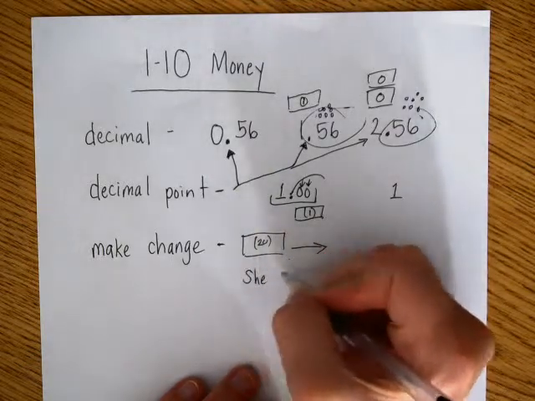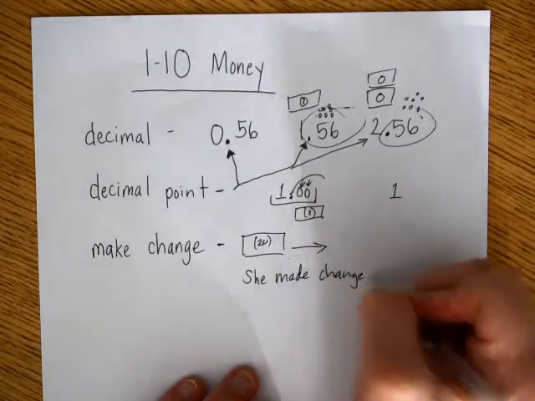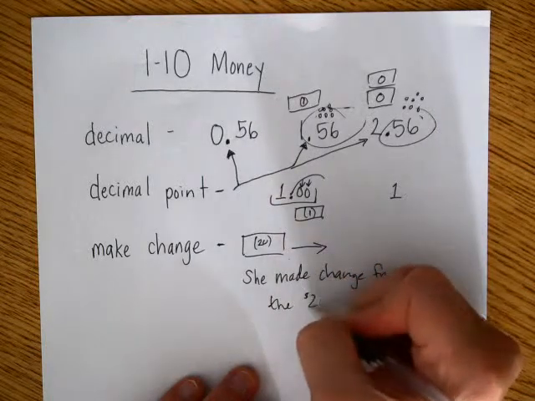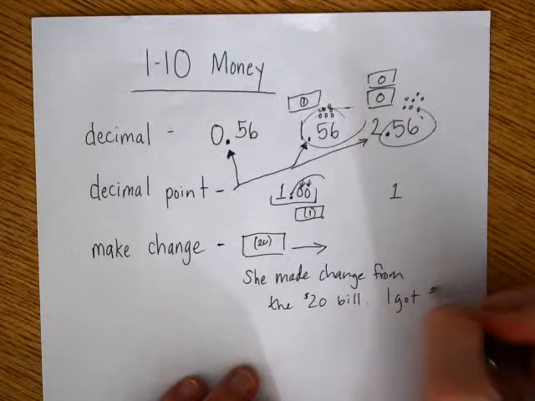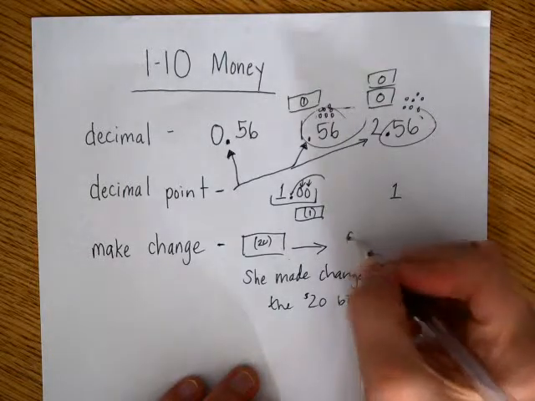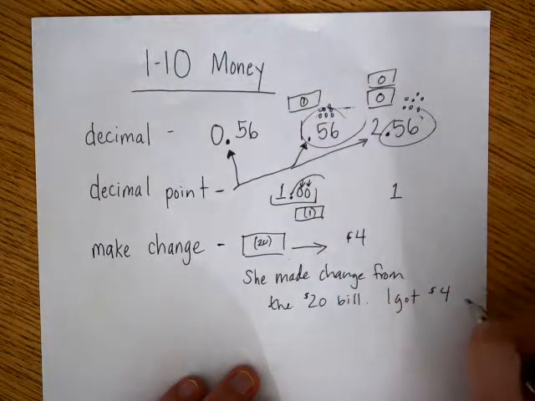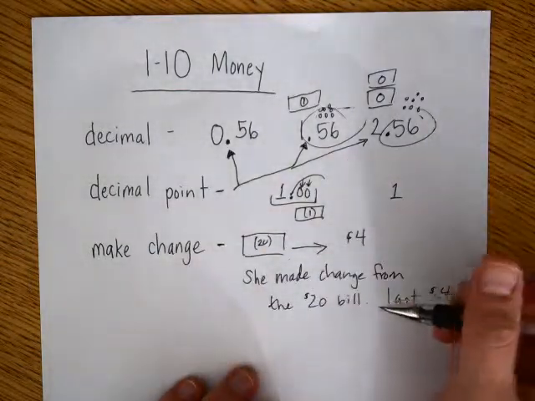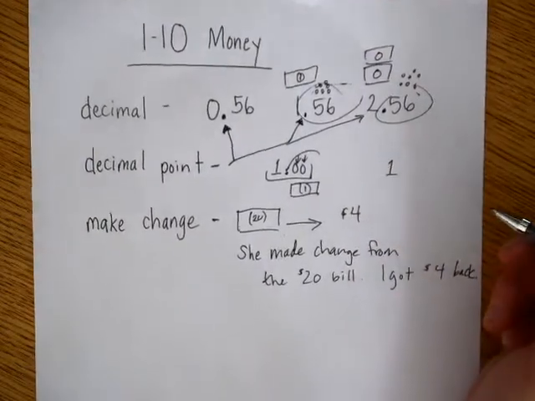She made change from the $20 bill, and I got $4 back. If something's $16, that's how much I pay, and I would get $4 back if somebody would make change for me. That's what making change is, when someone gives you change back.